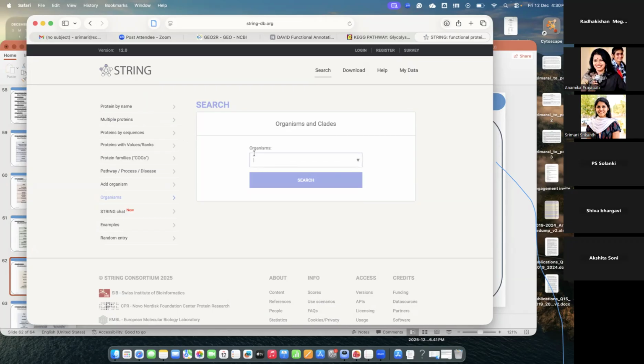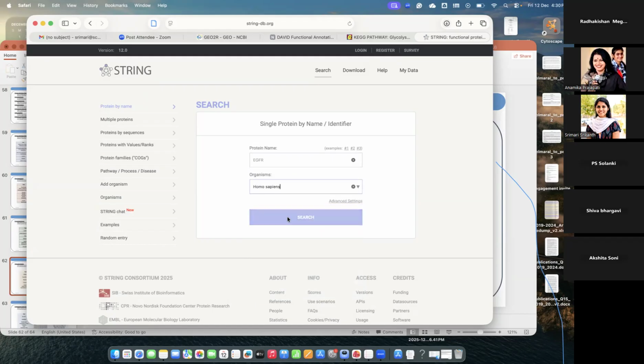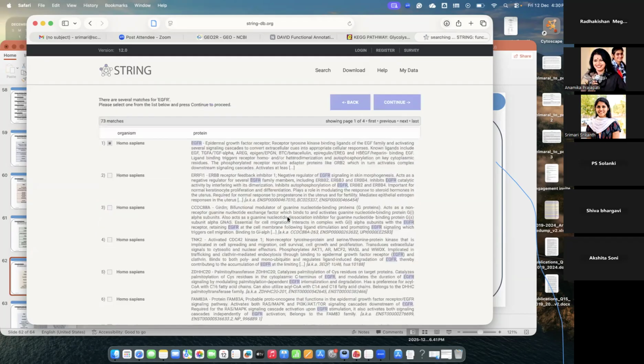So if I give the organism and the protein name, for example EGFR, it uses text search and pulls down the results. So the first one is our correct hit, EGFR, and the next is not EGFR. So the first one is selected and we continue.